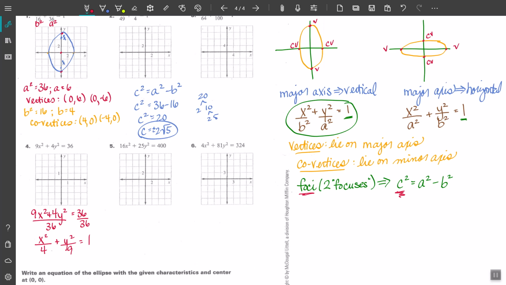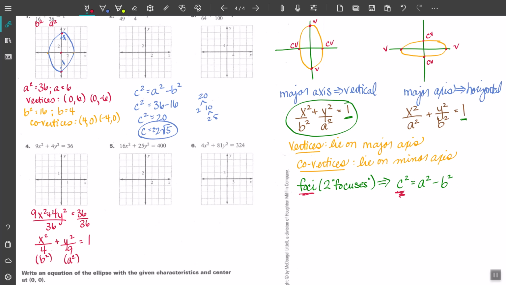So now it very much looks like the problem number 1 on the top. All right, so now that we have it in standard form, I'm going to come over here and look at what I have going on here. I've got the denominator of 9 is larger. So that means this is going to be my a squared. So 9 is my a squared, 4 is my b squared.